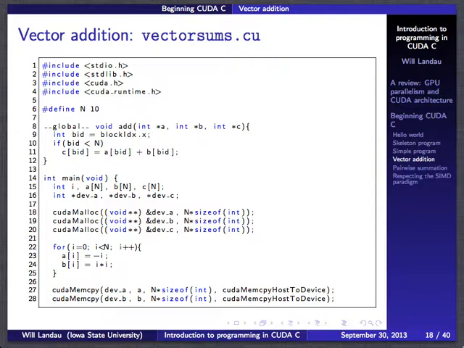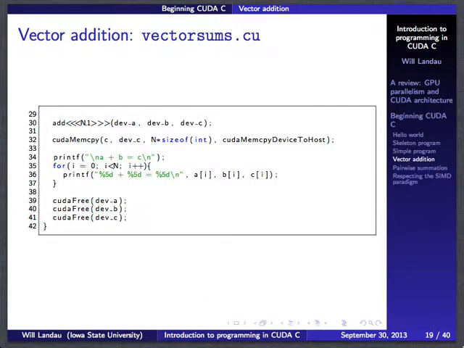I use cudaMalloc to fill up a, b, and c, each with blocks of memory the size of n ints. I fill the vectors on the host, and then I copy them to the device. So I copy everything in a to dev_a, and the same thing for b.